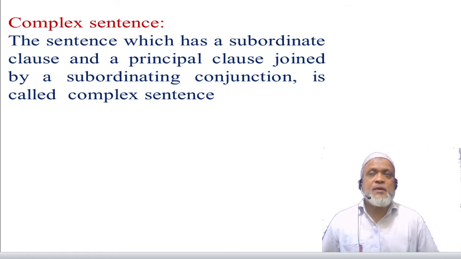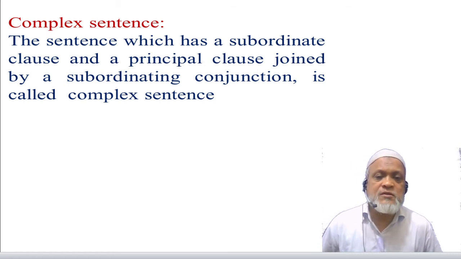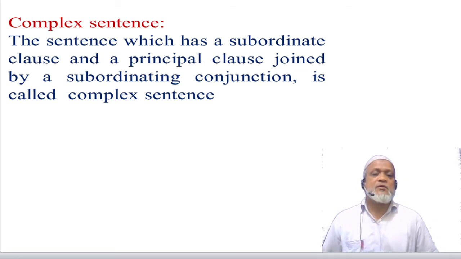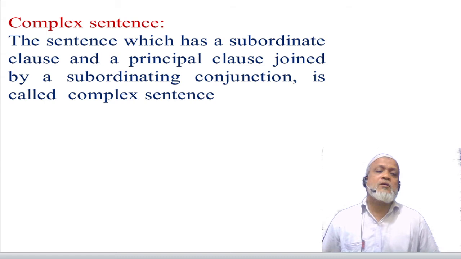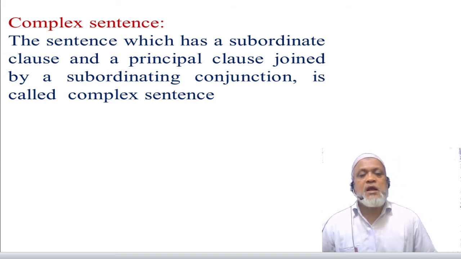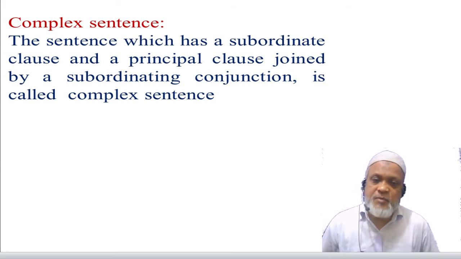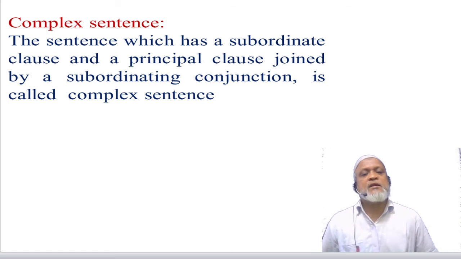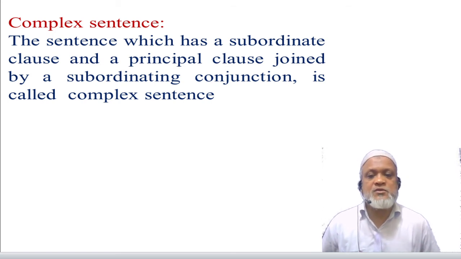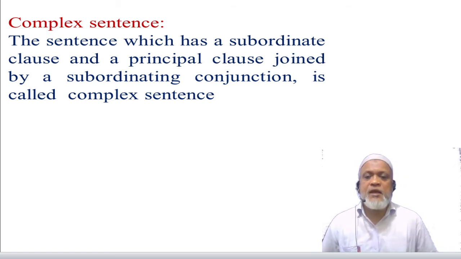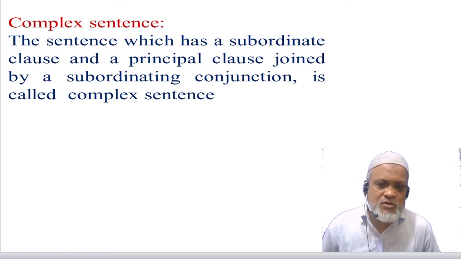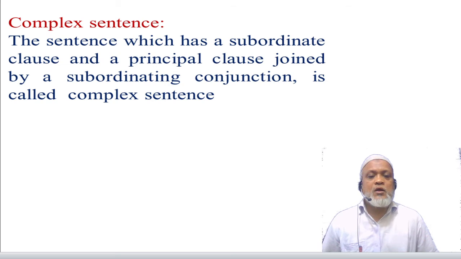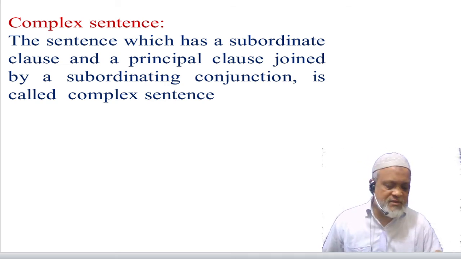One is principal clause and another is subordinate clause, and the two finite verbs are in two clauses, one in the principal clause and another in the subordinate clause. We can say the sentence which has a subordinate clause and a principal clause joined by a subordinating conjunction is called complex sentence.